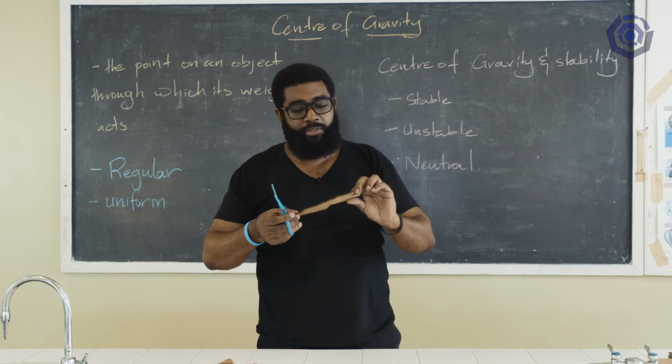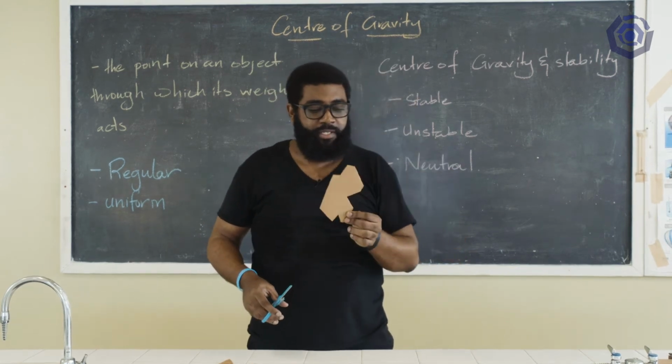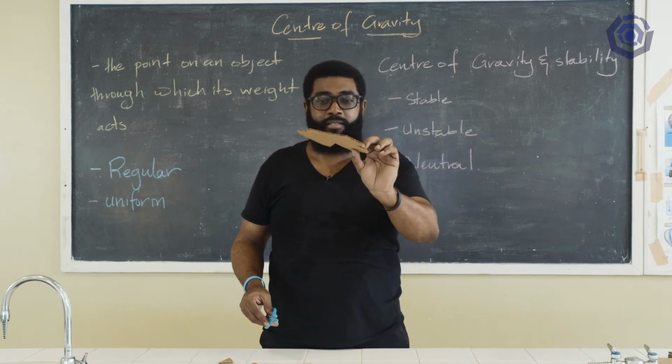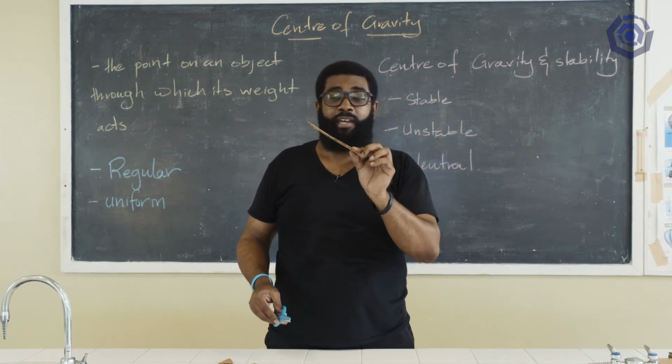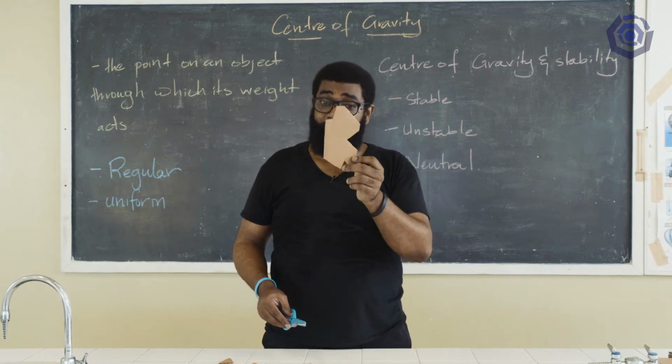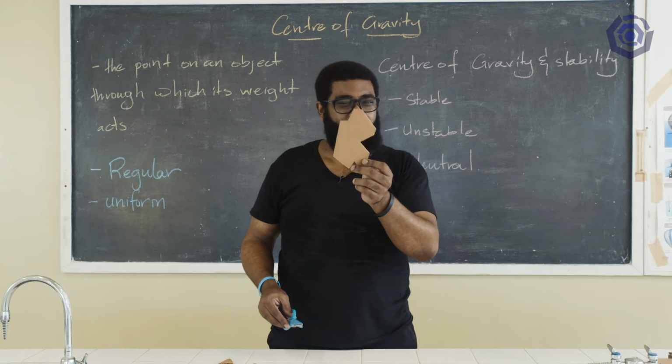Now, I am not sure you'll ever find something that looks like this in a textbook. This is as irregular as you can possibly get. This is our irregular lamina, and we will now find its center of gravity, or the location thereof. And its location just might surprise you.